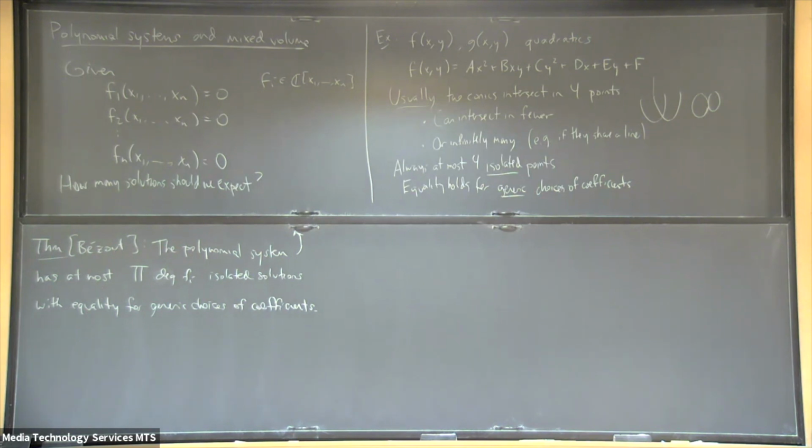Ricky, it's good if you don't get the font size too much smaller. Okay, I'll try to write a little bit larger. Yeah. But another point about this product of the degrees: maybe another really simple example is if the polynomials are in distinct variables, like if you had x1 to the d1 minus 1 is 0, and x2 to the d2 minus 1 is 0.